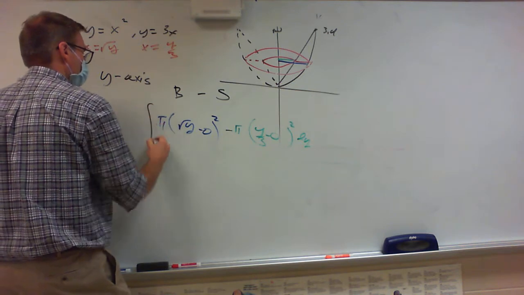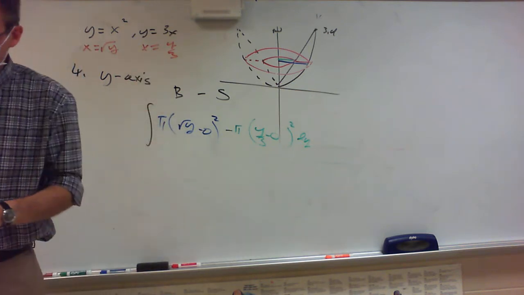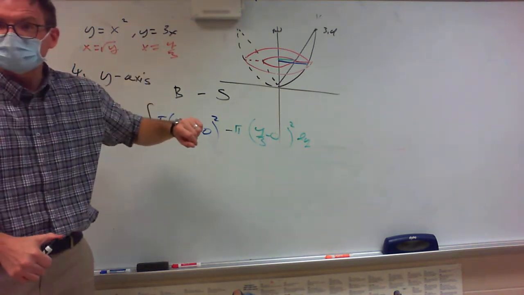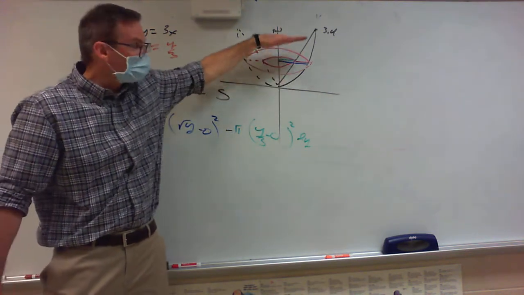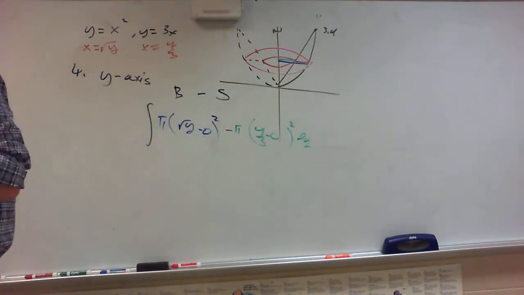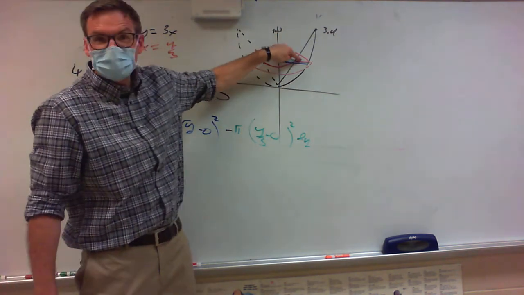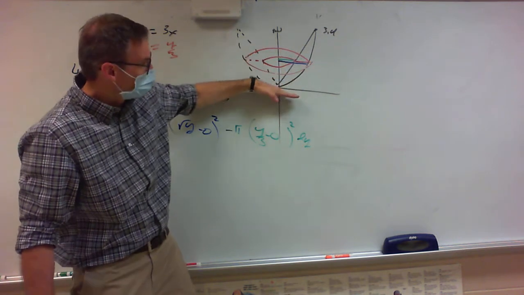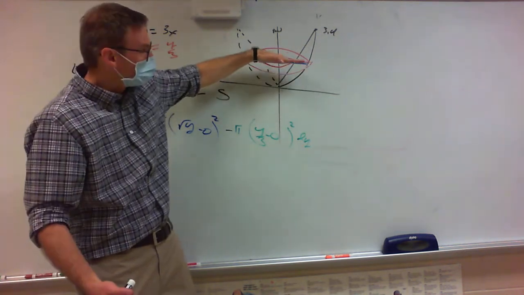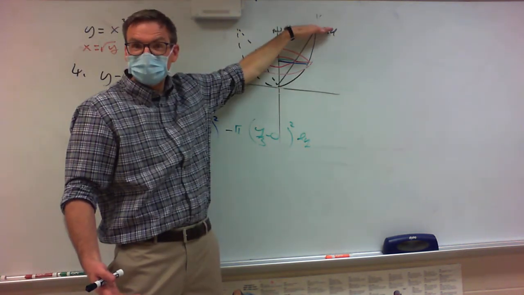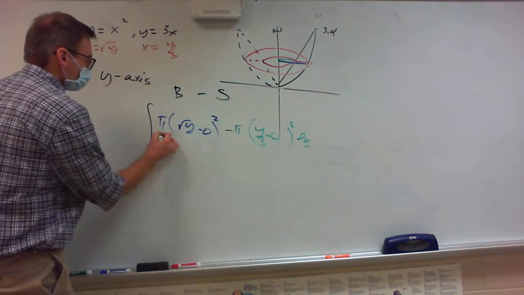And where are we stacking? Remember, we focus on the red rectangle. Where is this rectangle going, from where to where? 0 to 9. Is everybody okay? You look at the original red rectangle. See how it's going? We're dealing with y's, and so the y's are going from 0 to 9.